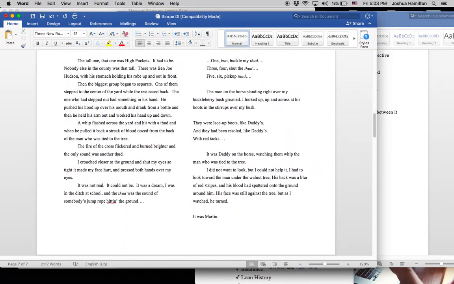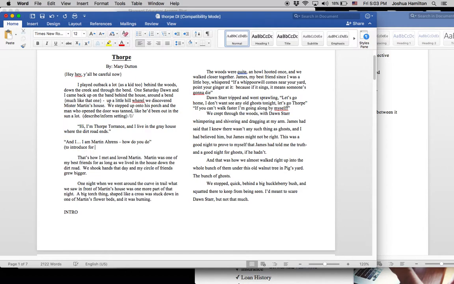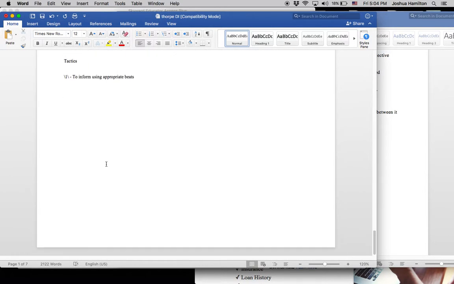Go to the next one. All right, so here I have to introduce. To introduce, we have two things going on here. Actually, there are two tactics that could happen here. So tactic 2 goes down here.